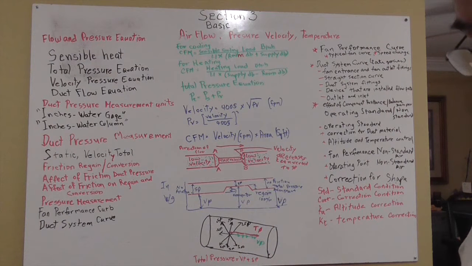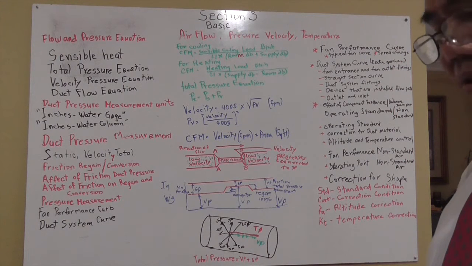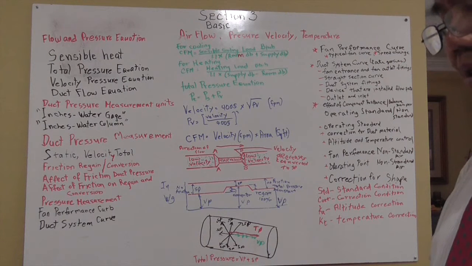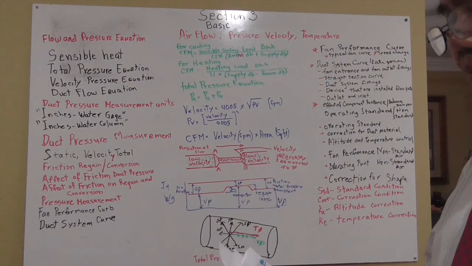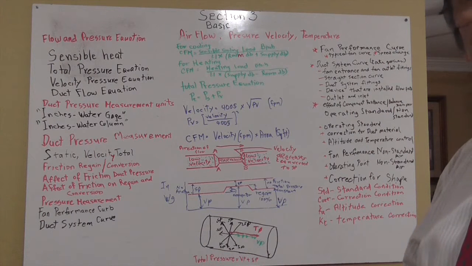The total energy of the air stream is equal to potential energy plus kinetic energy. I showed you already how to take the readings on those. That means at any point along the duct, the total pressure must be equal to the sum of the static pressure and velocity pressure.